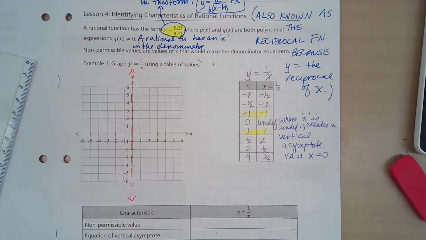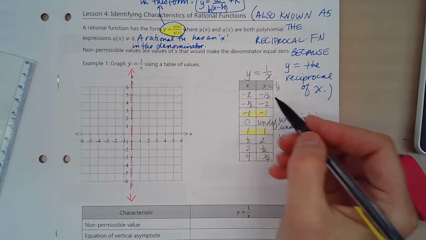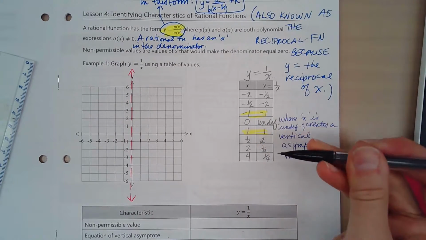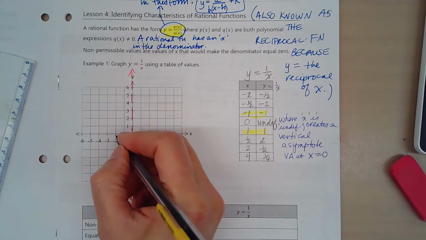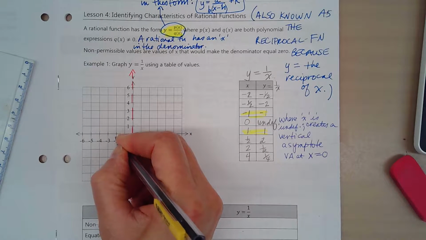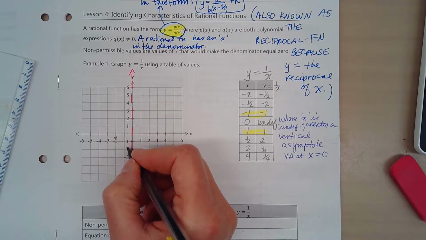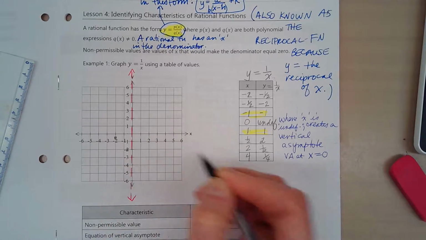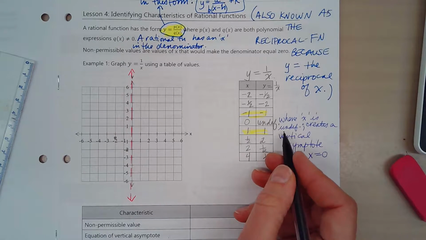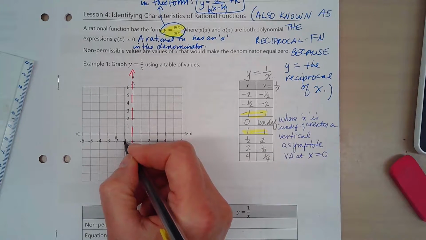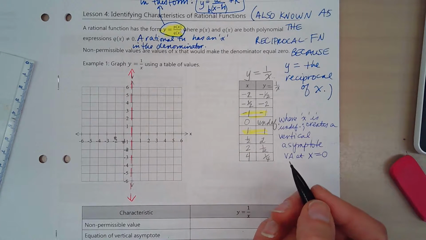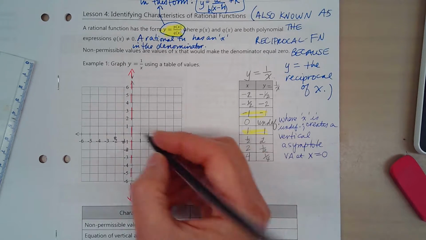Okay, so now I'm going to do some point plotting. We're going to see what this graph looks like. So, where x is -2, y is -1/2. So here, where x is -1/2, y is -2. 0 is undefined. Negative and 1 has a value.